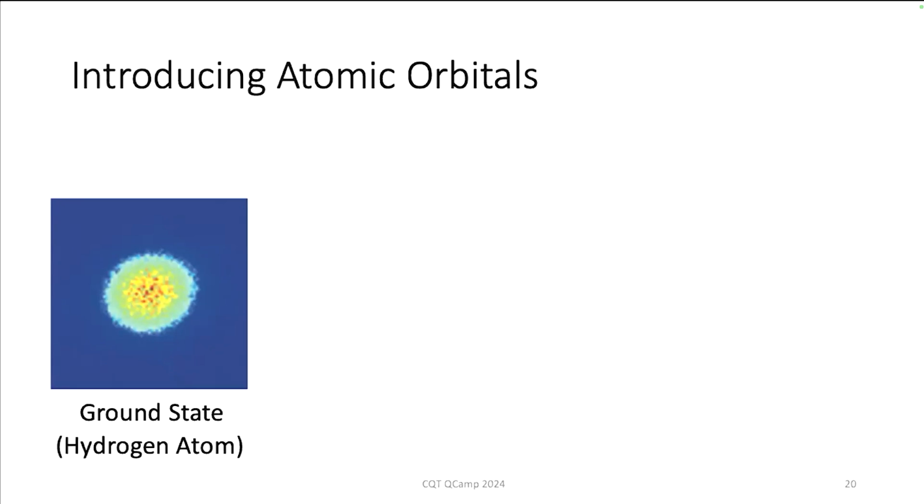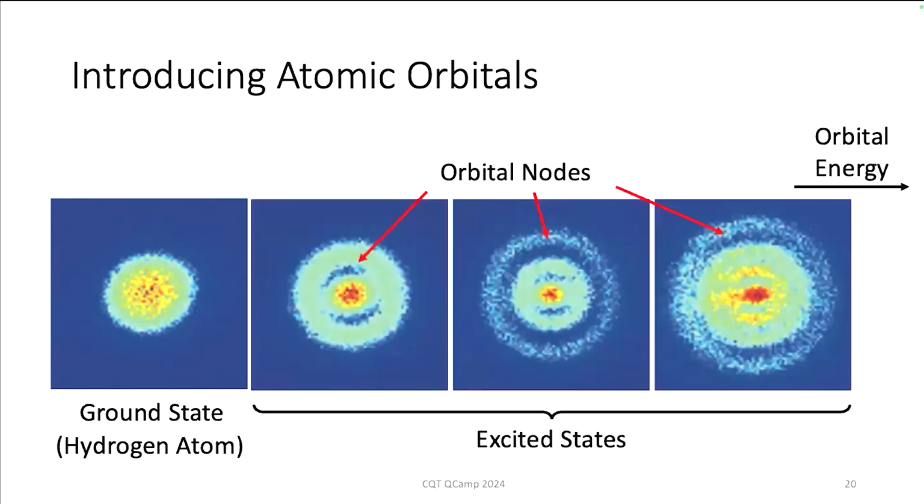Now, if you pump more energy into the hydrogen, the wave function gets bigger, and you will see something: there are gaps in the probability density. These darker areas mean that there is low probability of finding the electron, and we call these orbital nodes. You may be wondering why there are orbital nodes, and why the shape is getting bigger and bigger, with more and more gaps, as the energy of the atom gets bigger.